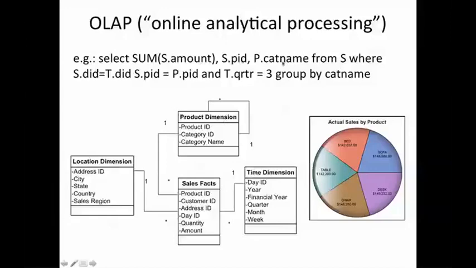You can figure out how this SQL actually works. It's fairly straightforward. But as far as what constitutes business intelligence for most of the enterprise world, it is all about OLAP queries. Analytics is largely thought of as being OLAP for a large part of the community.